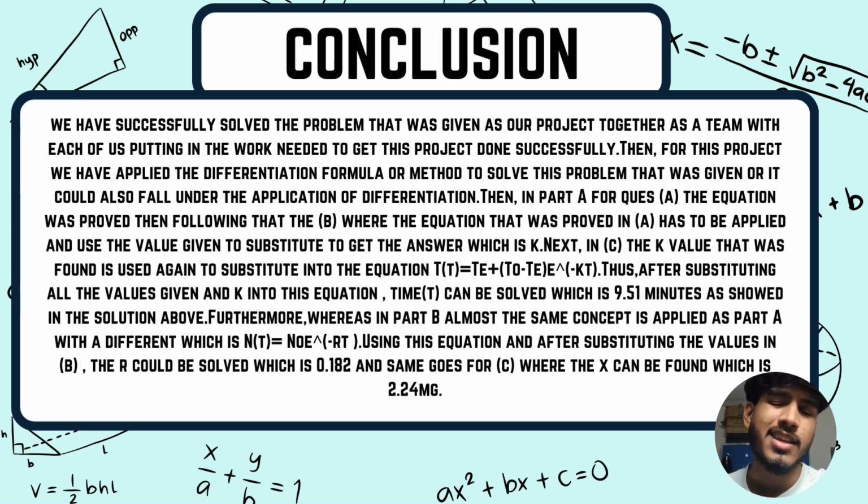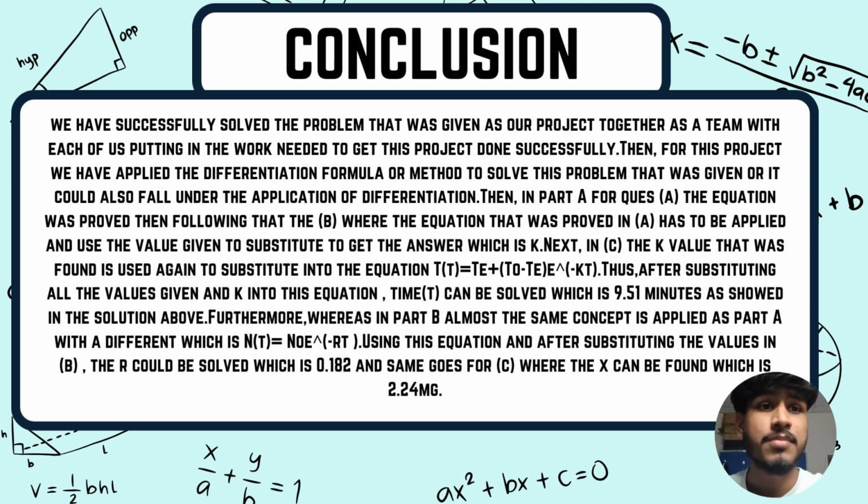And next, in part C, the K value that was found in B is used to substitute again, which is we have to substitute it in the equation, which is Newton's law of cooling equation.